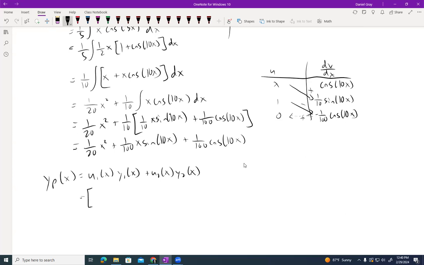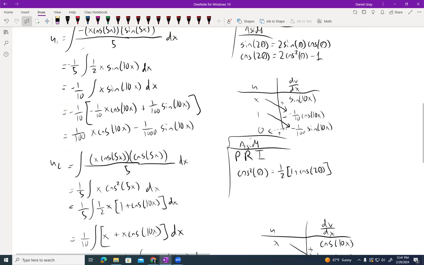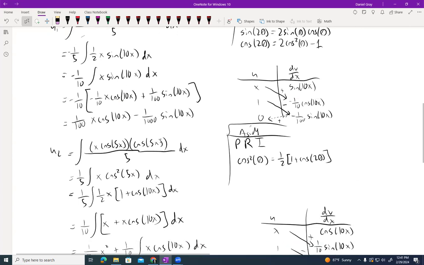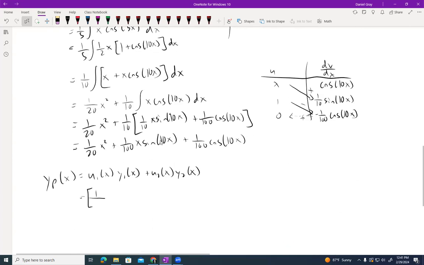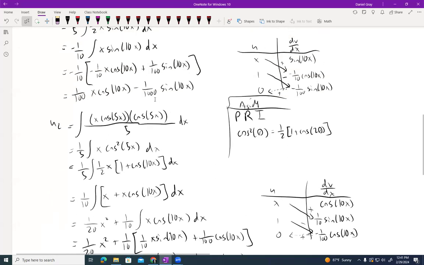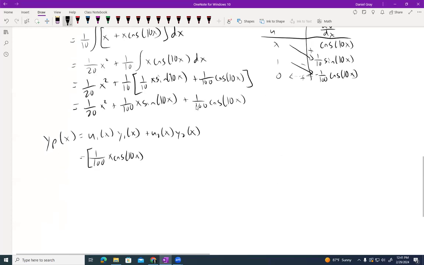If I plug in my u1, that is 1 over 100 x cosine of 10x minus 1 over 1,000 sine of 10x, times y1, which was cosine of 5x.